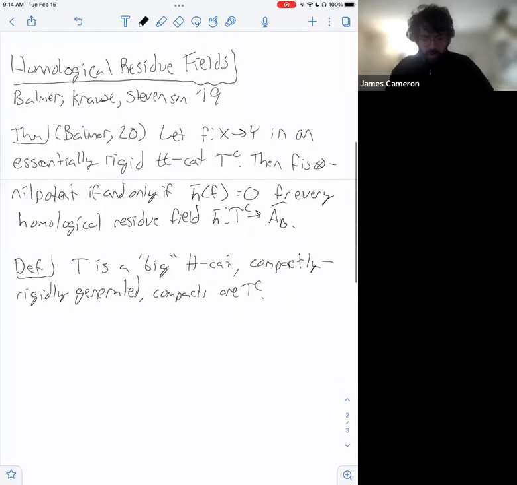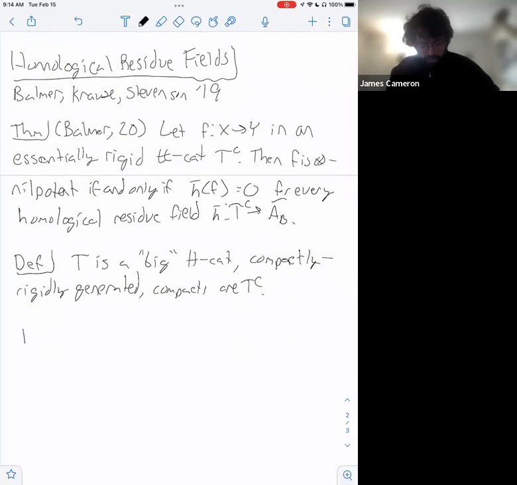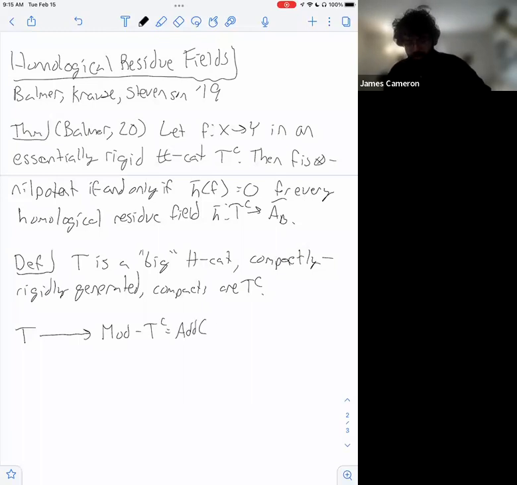So this category T, we can embed in the category of modules for T^c, and this is just the category of functors from the opposite category of T^c to abelian groups.